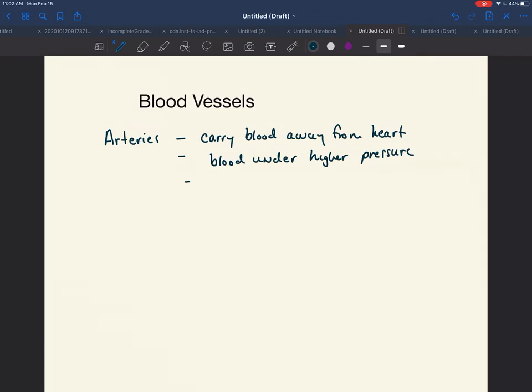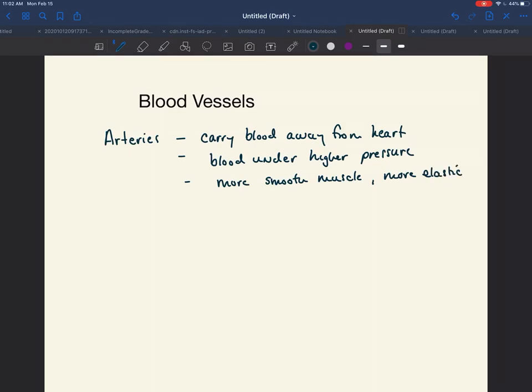This means that there has to be elasticity in the blood vessels that allows them to expand and then contract. And then we also have a more muscular layer in the arteries. So we actually have more smooth muscle in the arteries than in, for example, the veins.